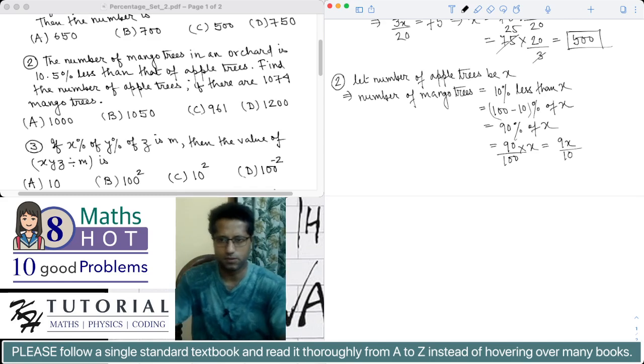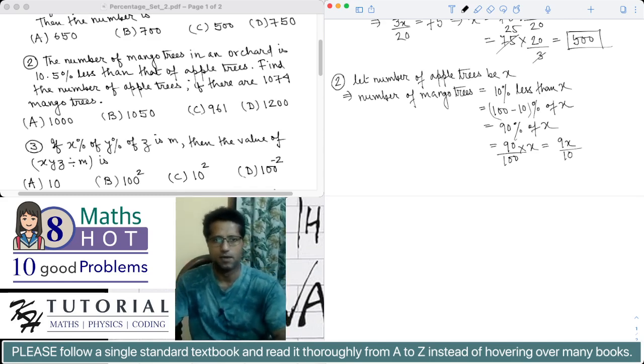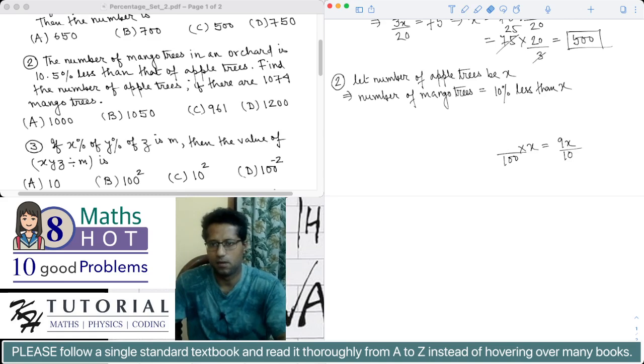So we have assumed the number of apple trees to be x, and based on the given information that the mango trees are 10.5%... Oh, it was 10.5%. Sorry, I calculated using 10%.